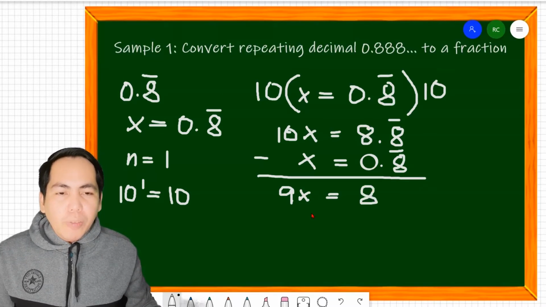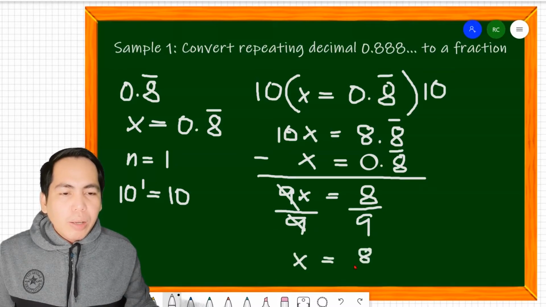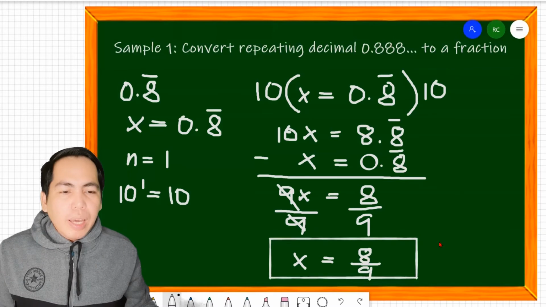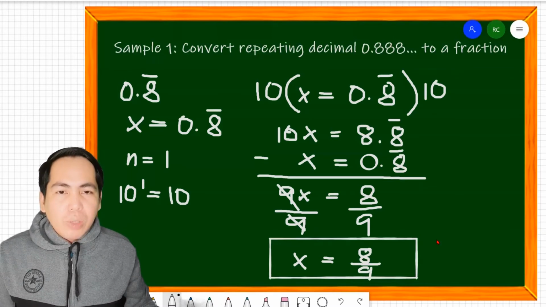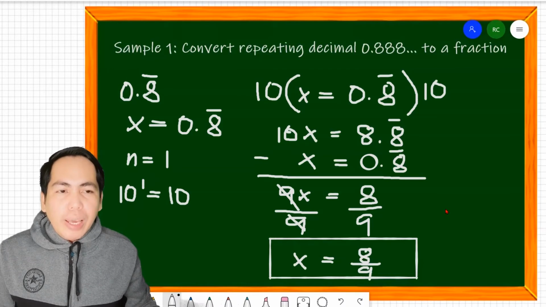In order for us to compute for the value of x, we have to divide both sides by 9 so that we can cancel 9. So x is equal to 8 over 9. And since 8 over 9 is already in its lowest term, the fraction equivalent to 0.8888 is 8 over 9.